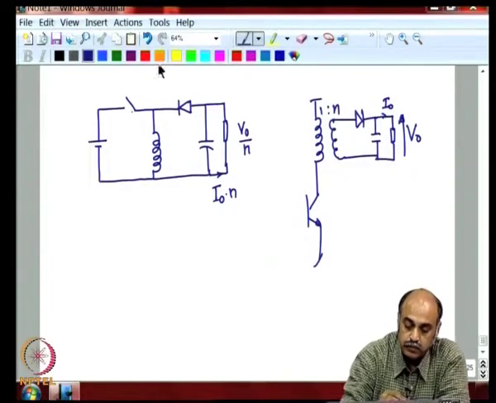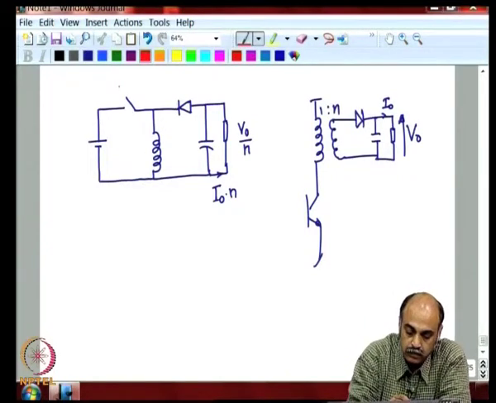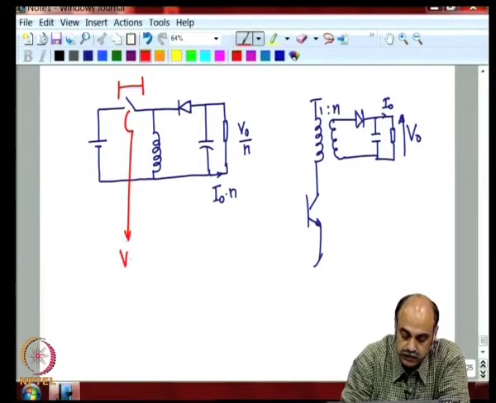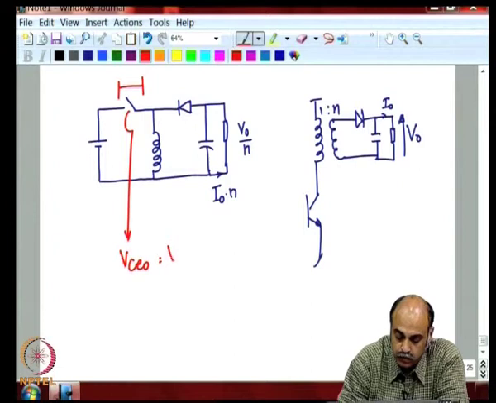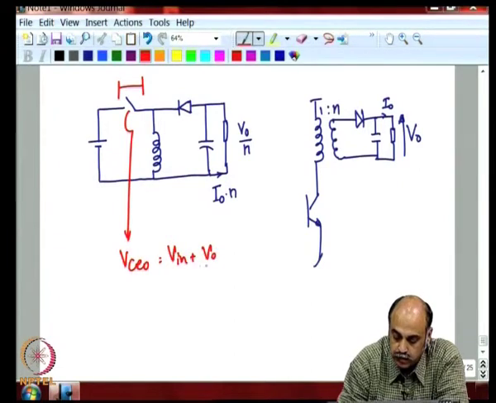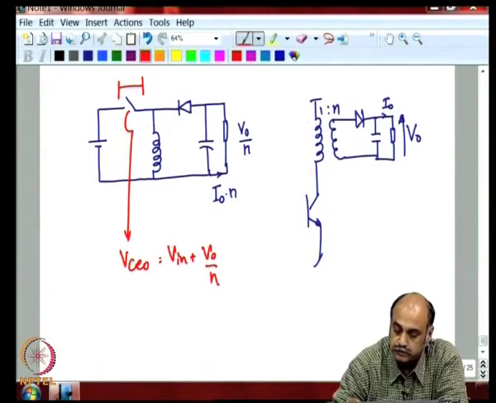So, the voltage rating VCEO would be V in plus V naught by n, same as here.